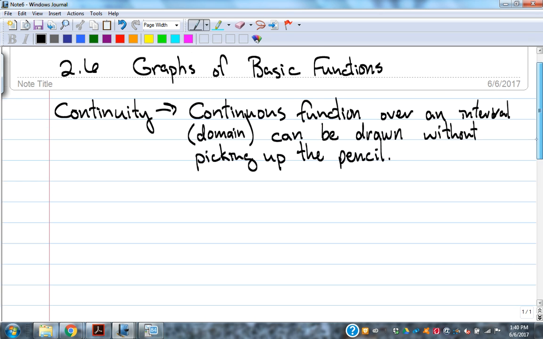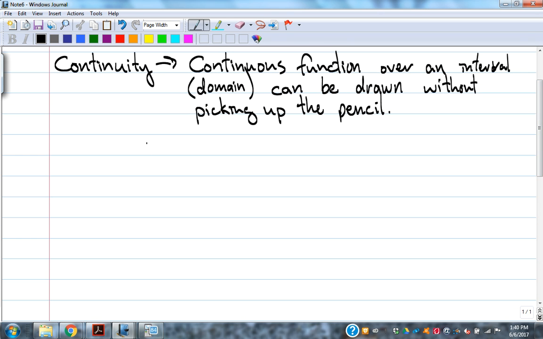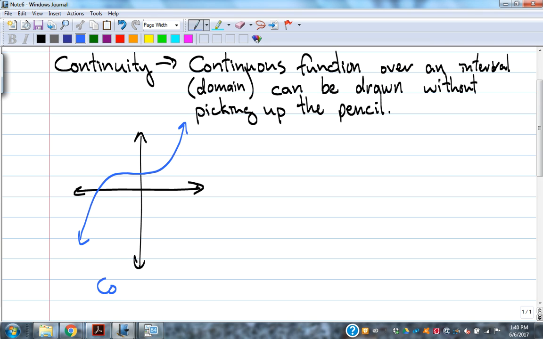Okay, so some sketches of a continuous. Here's a coordinate plane. A continuous graph. That one would be continuous because you can take your pen and trace that without picking up your pencil. You never have to pick up your pencil. Okay, so this would be continuous.